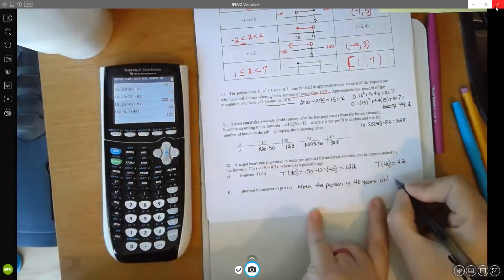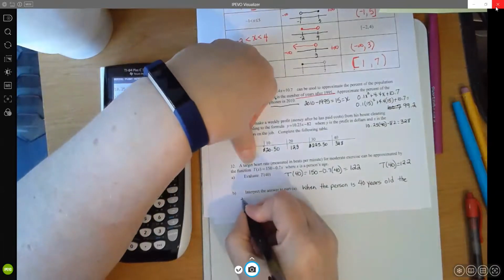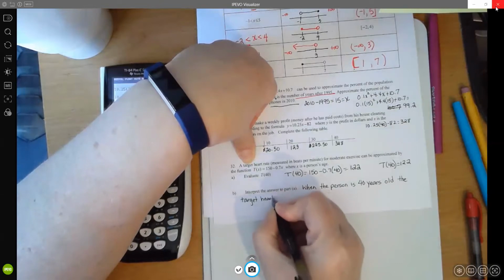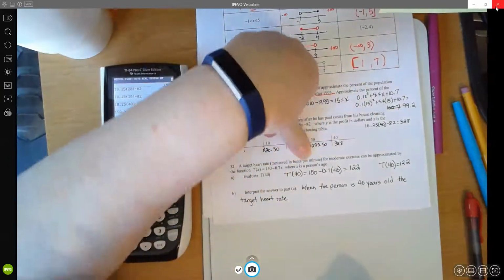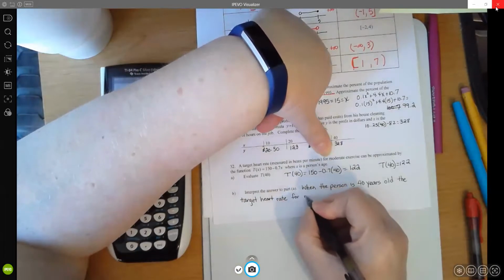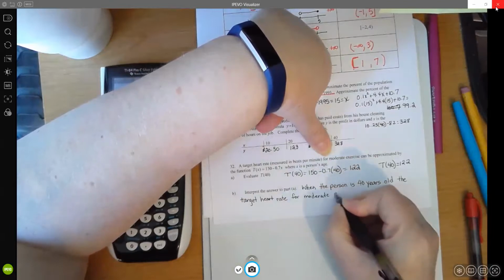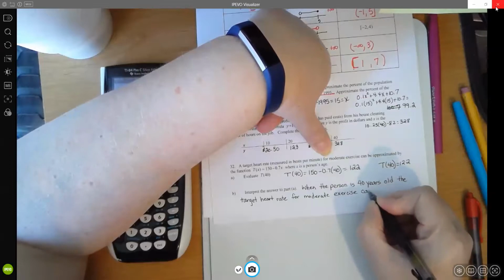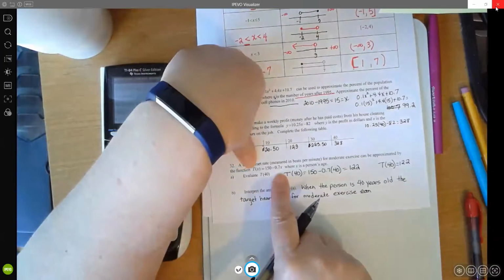The target heart rate, and I'm just copying exactly what's up here, the target heart rate, and I'm going to skip measured in heartbeats per minute, for moderate exercise can, or should be, because it can be approximated by here.